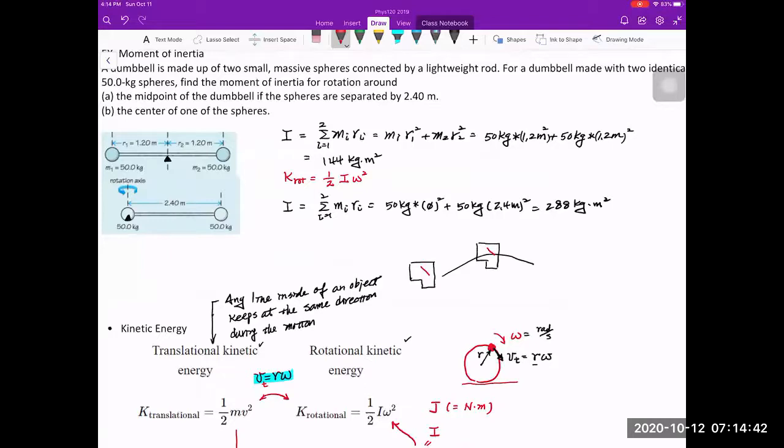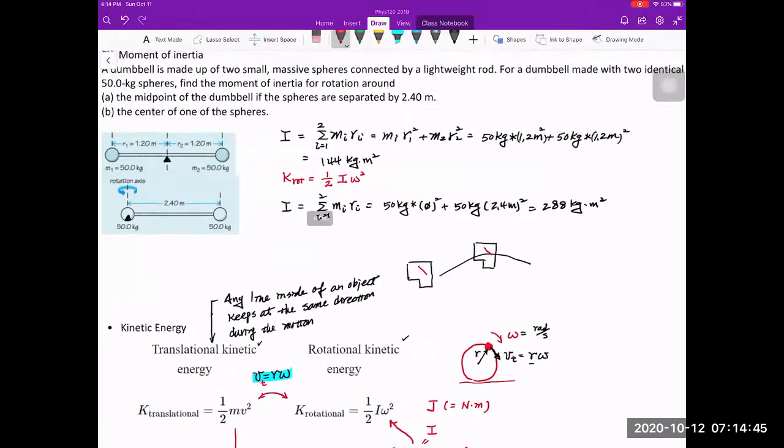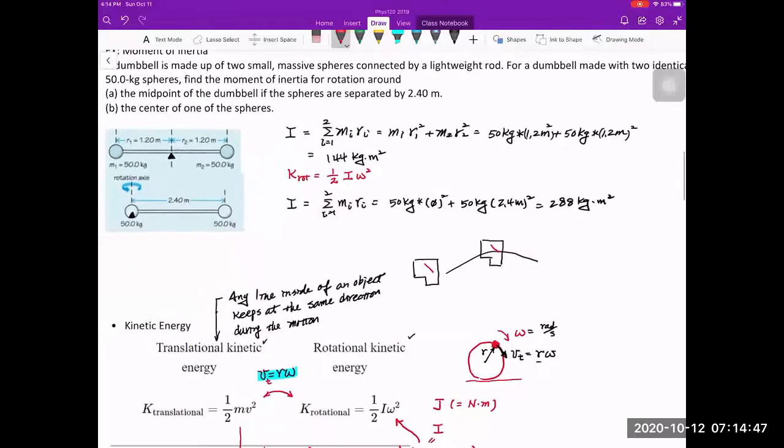If I know the omega, which we were not given, but if you know the omega, then you can use this equation to find out. And notice omega doesn't change, right? The speed doesn't change. However, if I changes, kinetic energy will change.